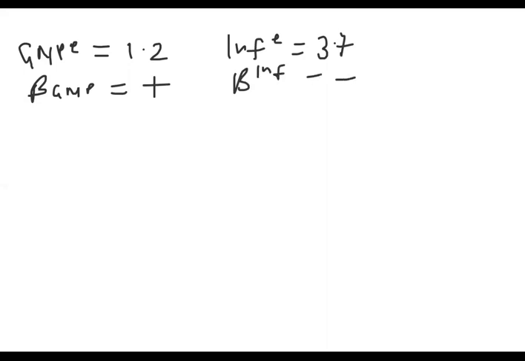Now the next one is C, the interest rate expected. So the expected interest rate is equal to 2.5, right? The returns are negatively related, so beta of interest rate is also negative.